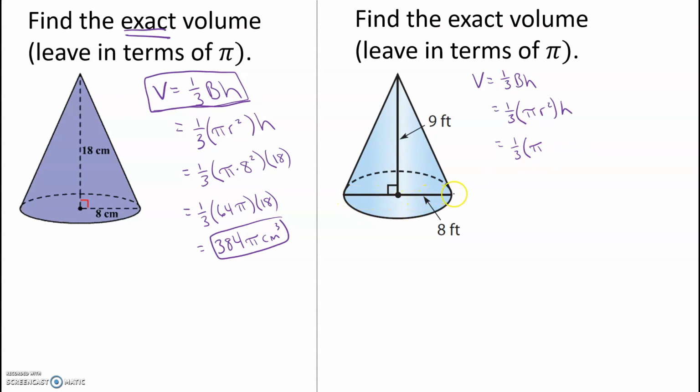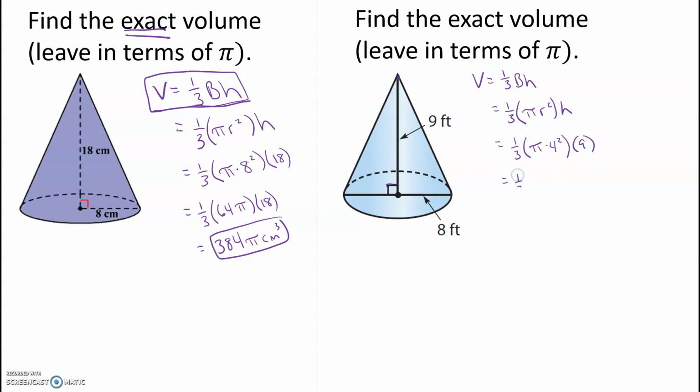If they draw the line all the way across, they're telling you that the diameter is 8 feet. So if your diameter is 8 feet, your radius is just half. Your radius is 4. So my radius is 4 squared. Height, vertex, drop it down. Again, see how it's perpendicular to the base? So my height is 9.